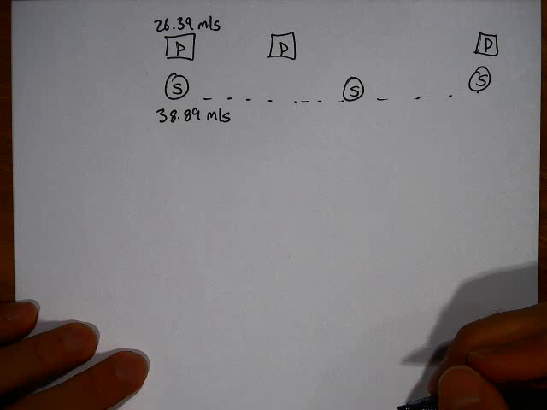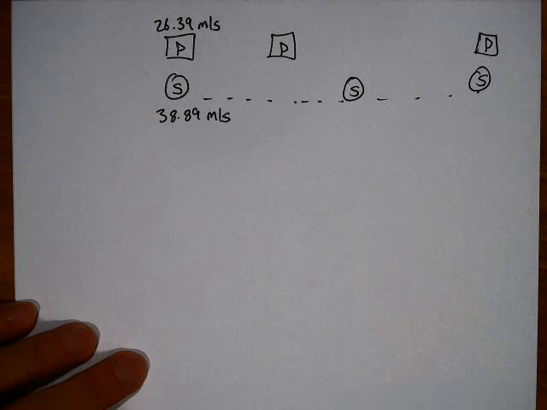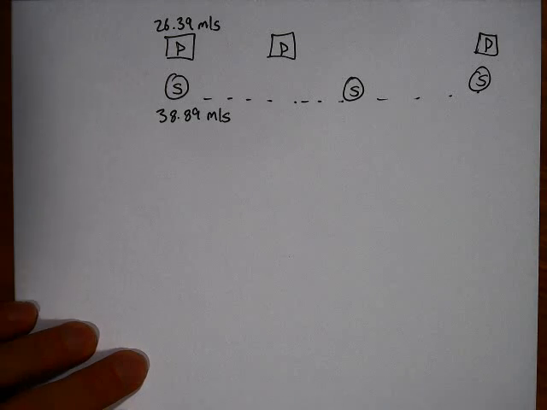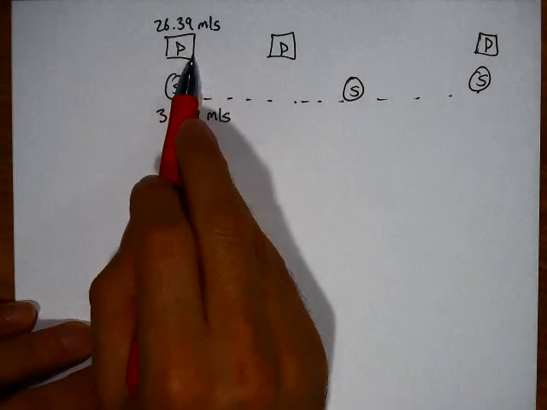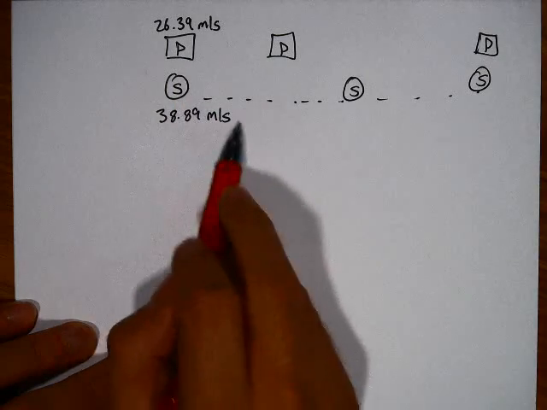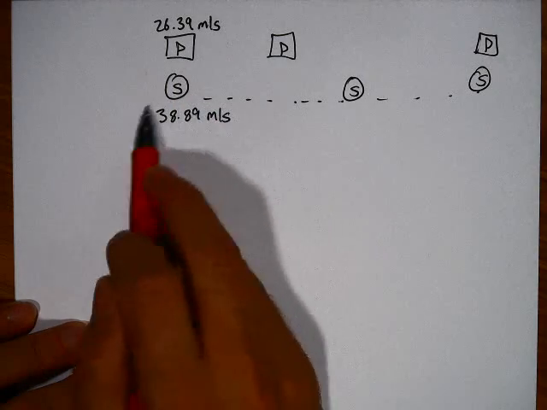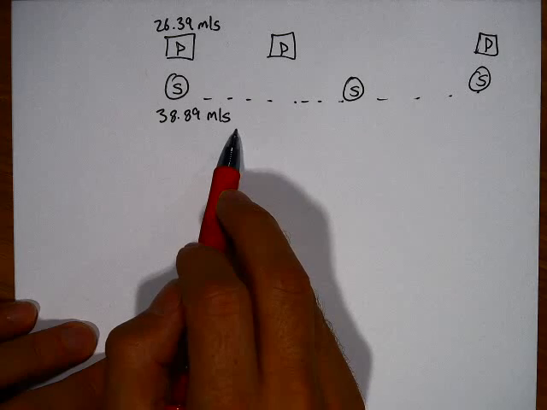This is an exercise in relative motion. We're going to change our point of view, and by doing it, it makes the problem a little bit easier. See if, even if you haven't heard of this before, it might make sense. From the point of view of the policeman, this car doesn't appear to be going 38.89 meters per second.